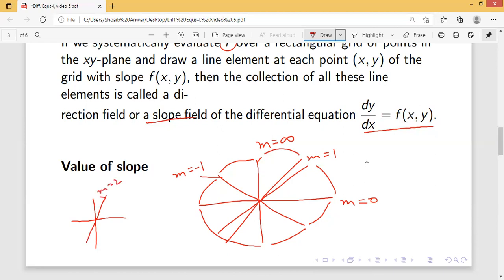So if you calculate a slope 2 at a certain point, you just put a segment of this line there, and then you will get the direction at that point.